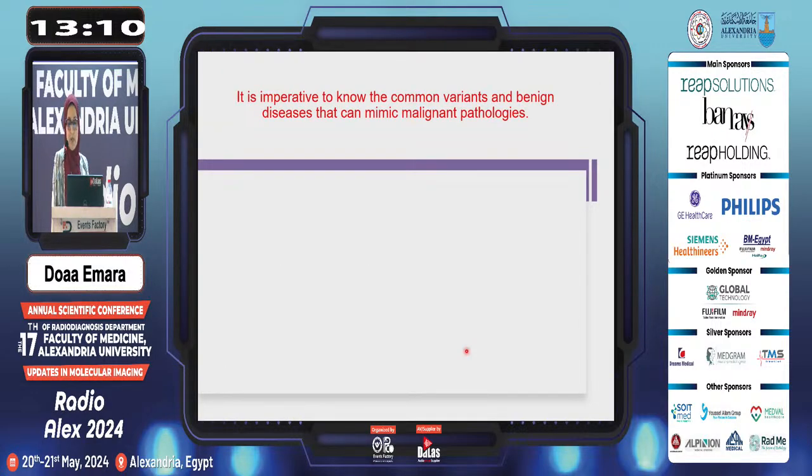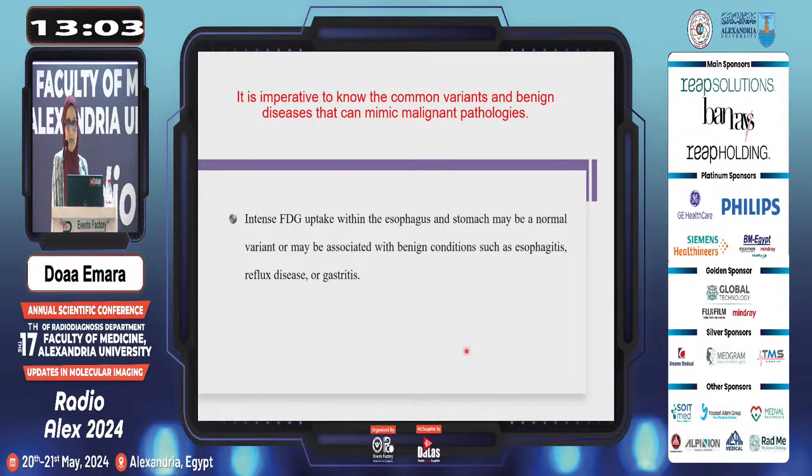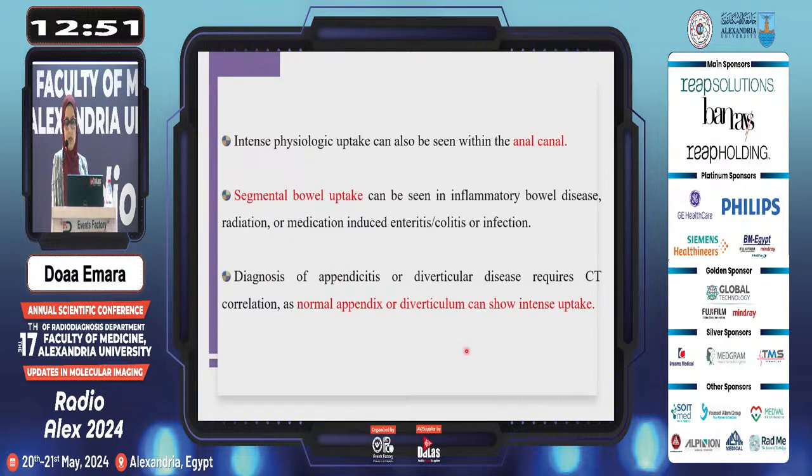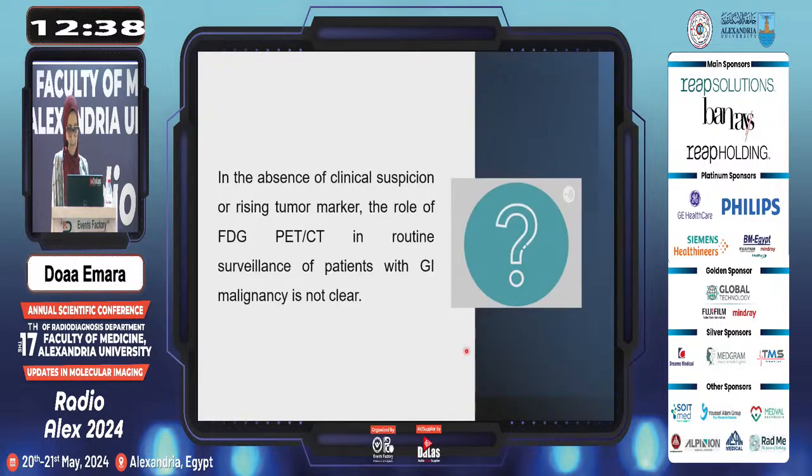It's important to know the common variants and benign diseases that can mimic malignant tumors, such as intense FDG uptake in the esophagus and the stomach in cases of esophagitis and gastritis, the use of metformin, which can cause intense uptake through the bowel loops, intense physiological uptake through the anal canal, segmental bowel uptake in cases of IBD, radiation enteritis, and colitis, and even the normal structures, the appendix and diverticulum, can show FDG uptake.